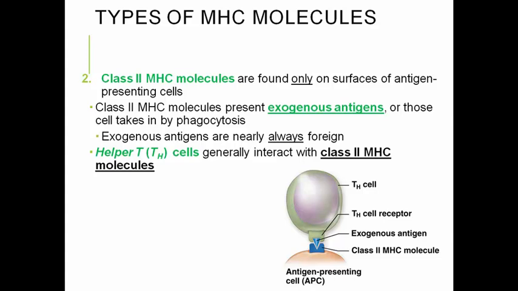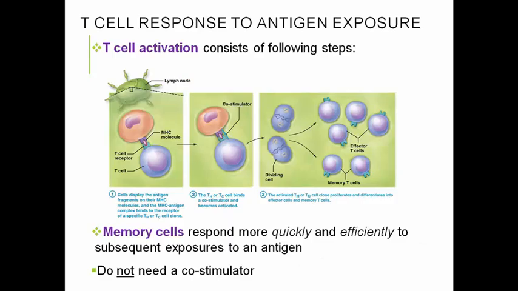So here you see the exogenous antigen fitting in the class 2 MHC molecule, and it's on the surface of an antigen presenting cell. So this would be where, like, a macrophage as an antigen presenting cell digests the antigen, displays it on its surface, and then the T helper cell recognizes that particular antigen and becomes activated.